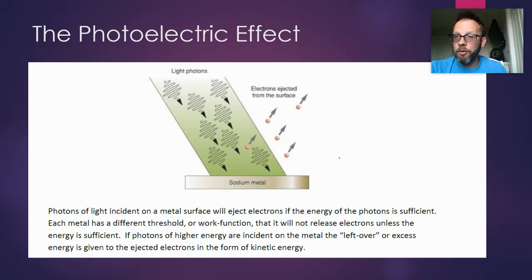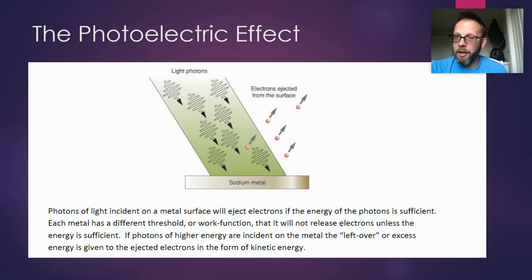Some metals require really high frequency light, and some metals require low frequency light. But this idea that metals, when light is shone on them, emit free electrons can be observed, and we call it the photoelectric effect.